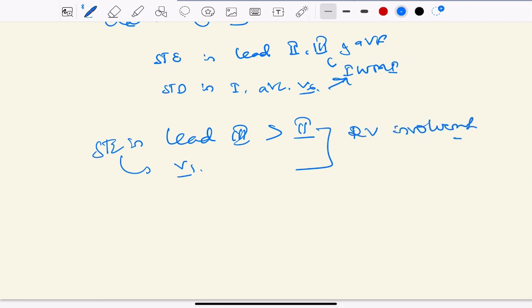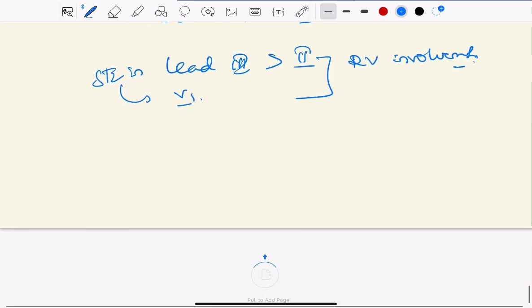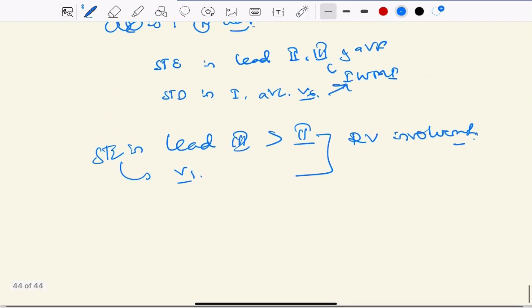Whenever there is inferior wall MI, 40% of inferior wall MIs are associated with right ventricular infarction. So how to know whether the right ventricle is involved or not? You have to look for these criteria: ST elevation more in lead 3 compared to lead 2, and ST elevation in V1.